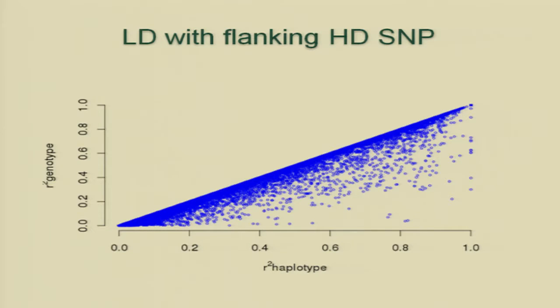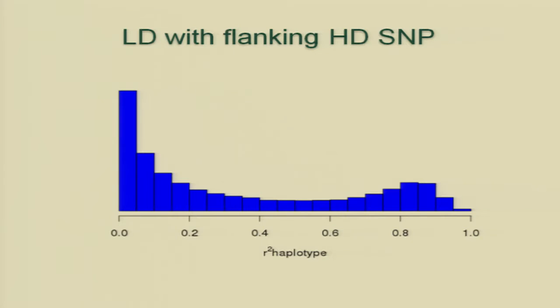And from either approach, we get pretty much the same answer. There's no cases where the regression on the individual SNP gives us a higher R² than using the 2 SNP haplotype, but we still aren't getting the correlations we'd like to see.